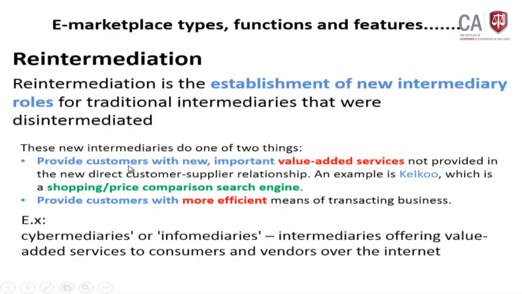Provide customers with new important value added services, which are not provided in the new direct customer supply relationship. An example is Kelkoo, a shopping price comparison search engine. Or provide customers with more efficient means of transacting business.